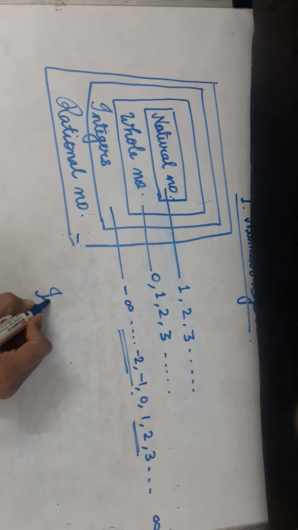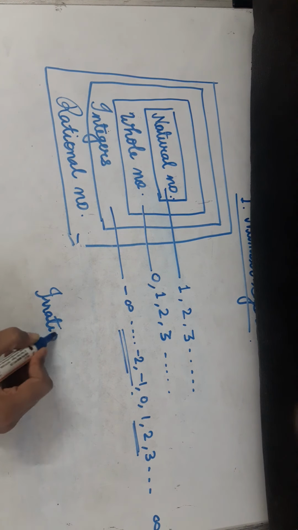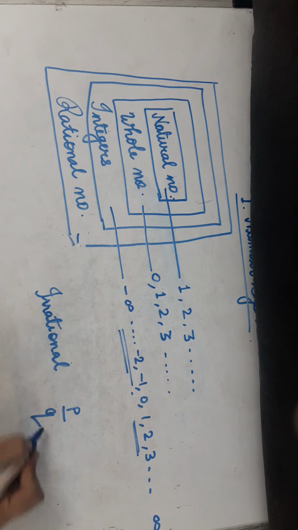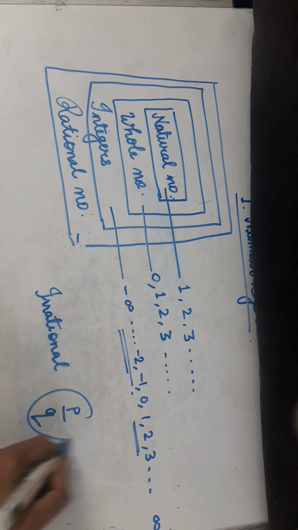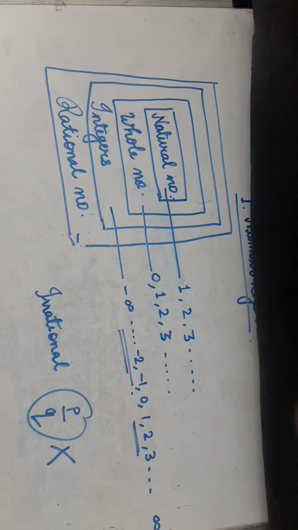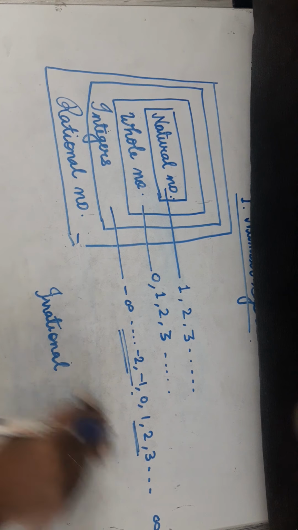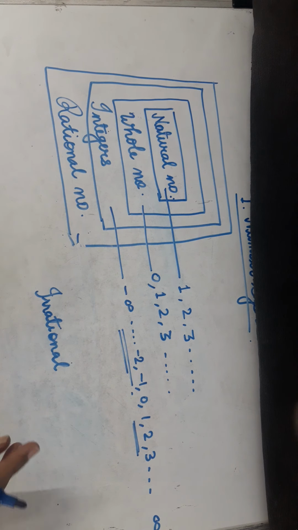So what is irrational? The name itself tells you: irrational, which is not rational. So which cannot be written in the form of p by q is called an irrational number. So if it is given in decimal, what is the property of an irrational number when it is written in decimal?